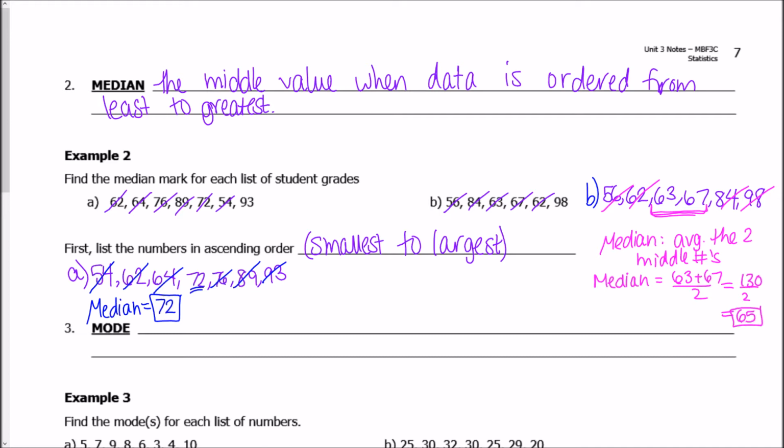The last measure of central tendency is the mode. And the mode is the value that occurs most often. And it doesn't have to be numerical. It doesn't have to be a number.